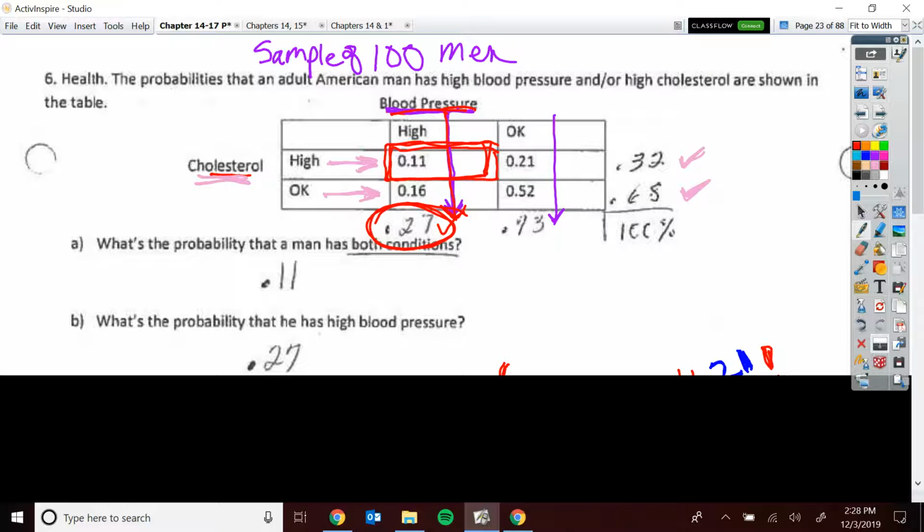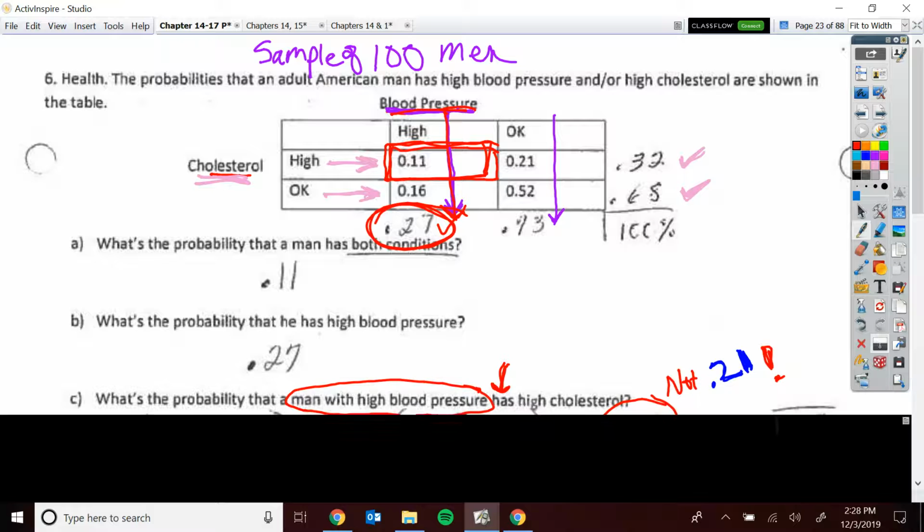Okay. Now here is where it gets very tricky and subtle in the wording. So let's take a look. Okay, so I think one of the keys is, there's a couple questions you could ask yourself. Are you told a fact or a trait that is definitely happening to the person you're sampling?